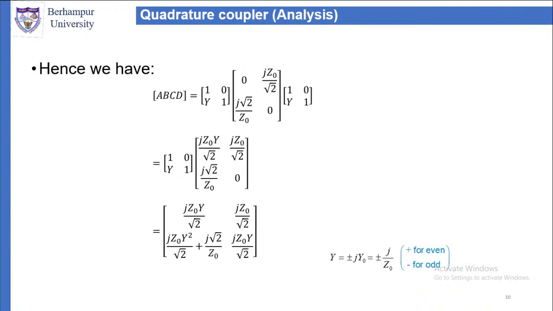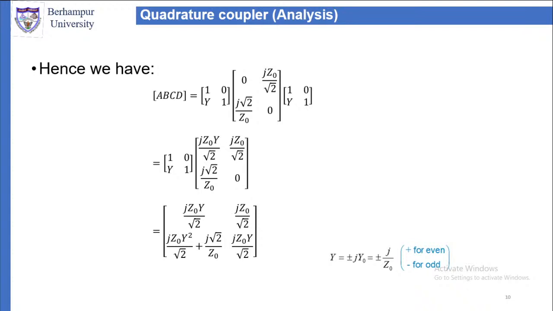That will give you jZ0Y by root 2, jZ0 by root 2, j root 2 by Z0, 0. Then multiply that with the first one, which will give you jZ0Y by root 2, jZ0 by root 2, jZ0Y squared by root 2 plus j root 2 by Z0, then jZ0Y by root 2.